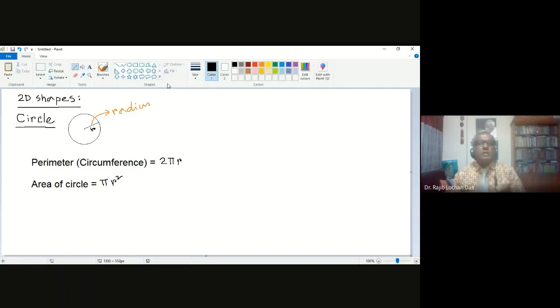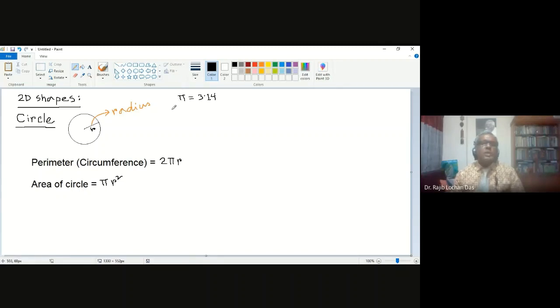What is pi? Pi is a special number, and the pi value is 3.14. So you can use 3.14, that will be all right. If you take more digits, okay, that will be also fine. There is no problem. But 3.14 is okay.